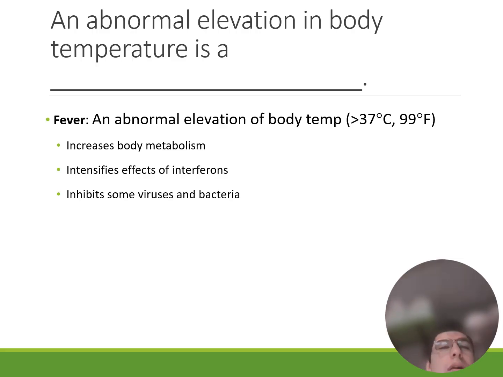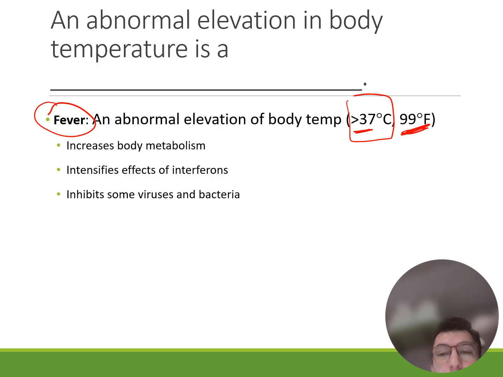An abnormal elevation in body temperature is called fever. Know the different levels. So this is in degrees Celsius and this is in degrees Fahrenheit. Here in the US we use Fahrenheit, so just know that above 99 it is considered a fever.